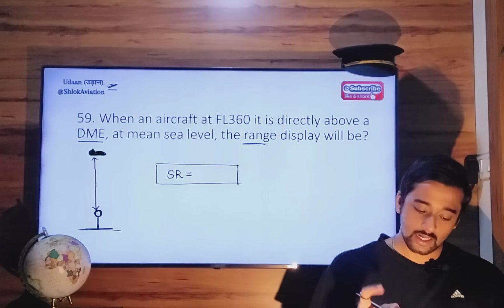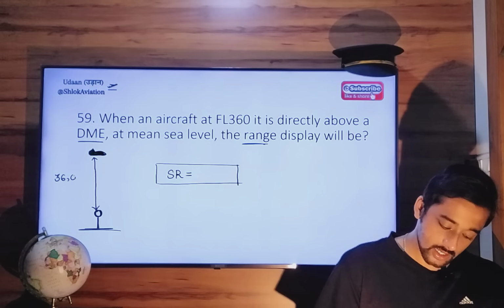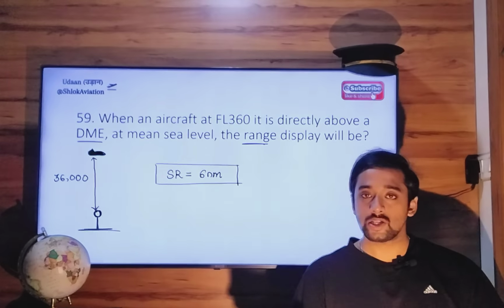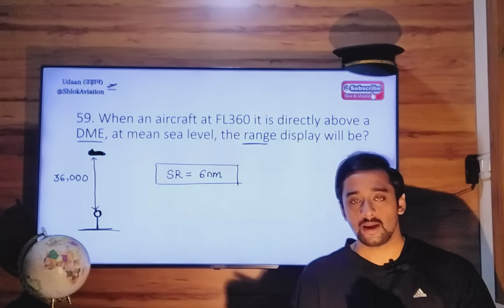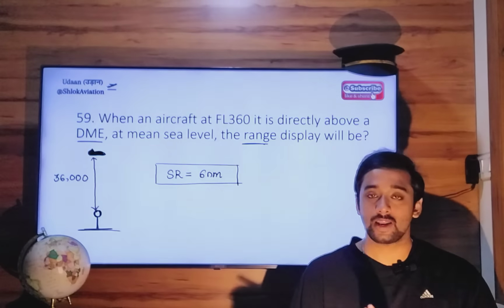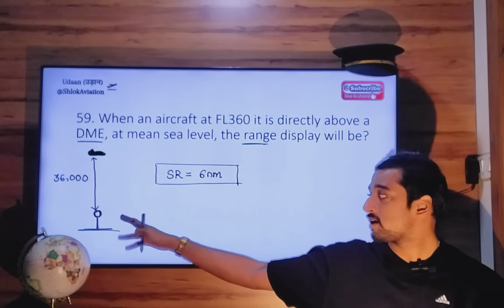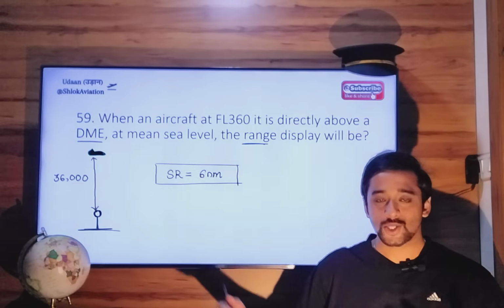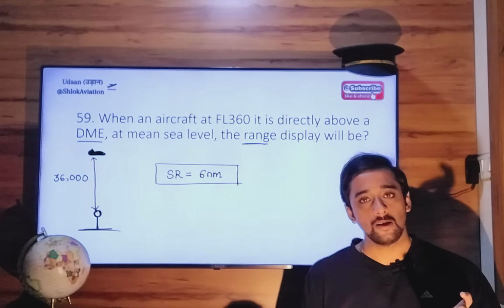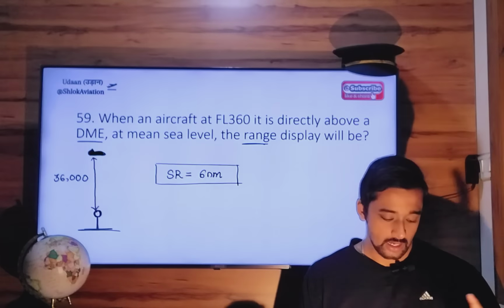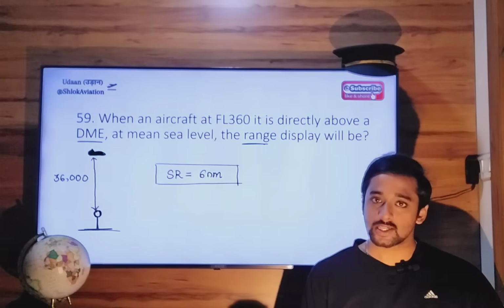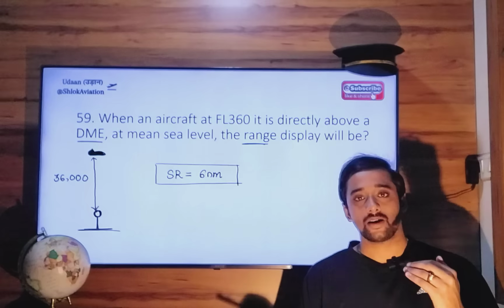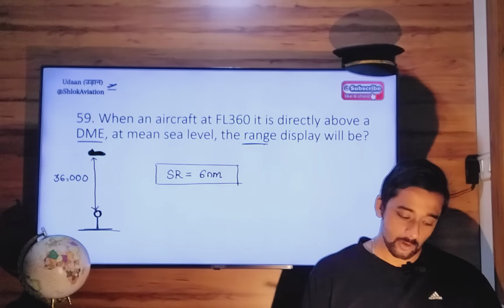Now you know that you are 36,000 feet above this DME station. 36,000 feet is nothing but 6 nautical miles. So the DME will show that the slant range is 6 nautical miles. But as a pilot, you very well know that your slant range is not 6 nautical miles because you are directly above the station. So there is no concept of slant range, but still it will be shown as slant range to you. So remember, when you are directly above the DME station, the range shown by the DME is nothing but your height above the DME station. Okay, very important for your viva.